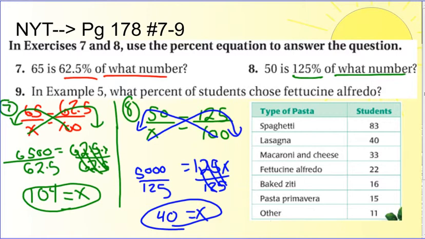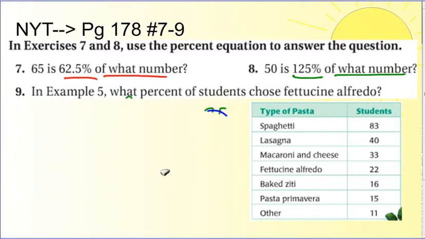Okay. And I need to erase to do number 9. In 3, 2, 1. Alright. Number 9 says, in example 5, this is the information from example 5, what percent of the students choose fettucine alfredo?